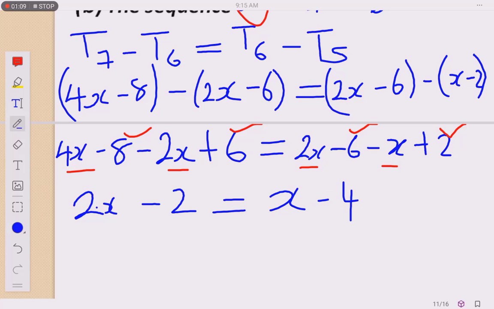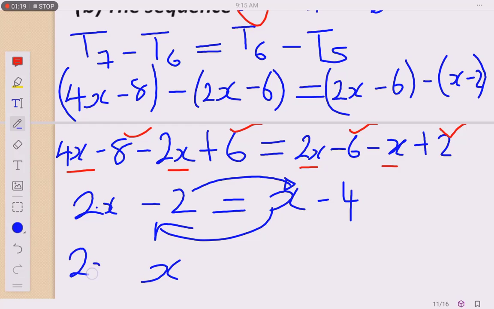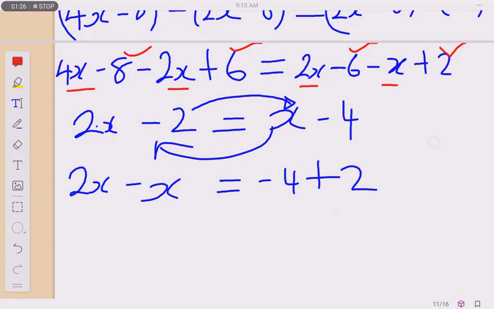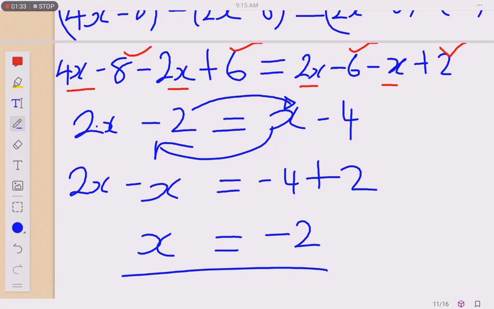Then combining again, this one goes that side and this one goes this side. 2x - x is equal to -4 + 2. So x is equal to -2. So this is the value of our x. Now we can go back to our T5, T6, and T7, and see what their values are.